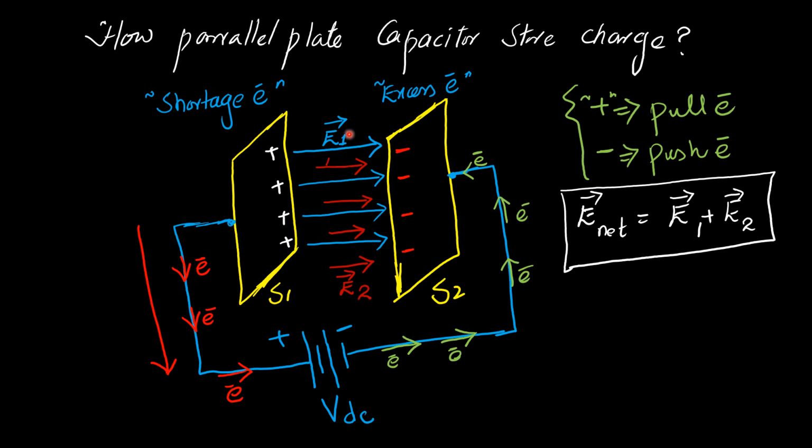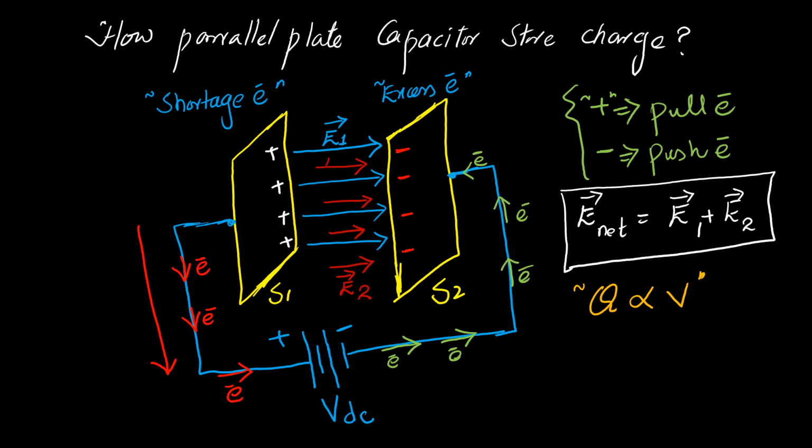These charges on the surface of the parallel plates have a potential difference between them, and that potential difference depends on the number of charges stored on the plates. So the charge stored is directly proportional to the potential difference between the plates.